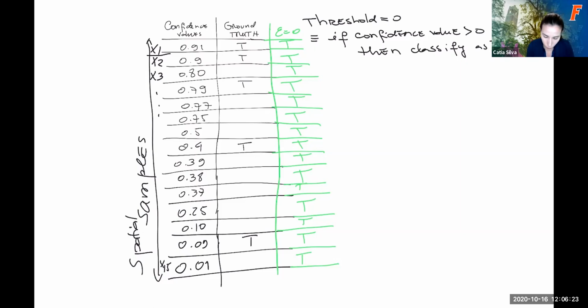For sample X2, there is a target. That's why I mark it with a T. For sample X3, there is not a target. And so we want to use the confidence values retrieved by the classifier and the ground truth labels to determine what value for our confidence threshold we should use to maximize the true positive rate and minimize the false positive rate.